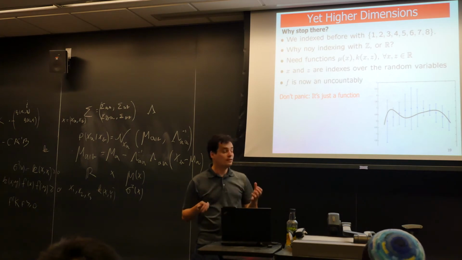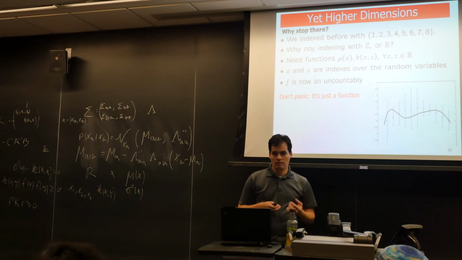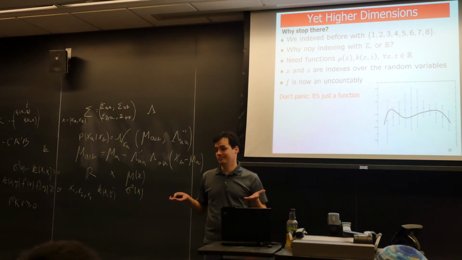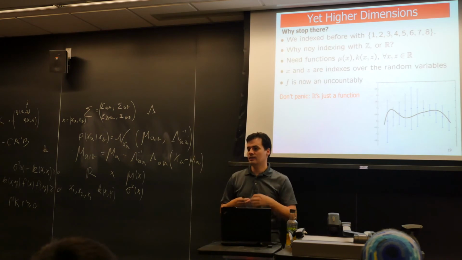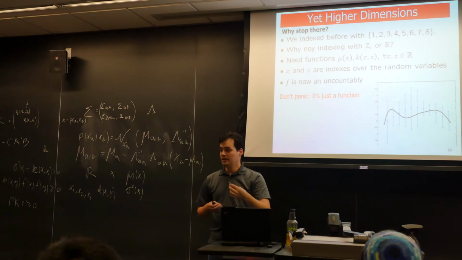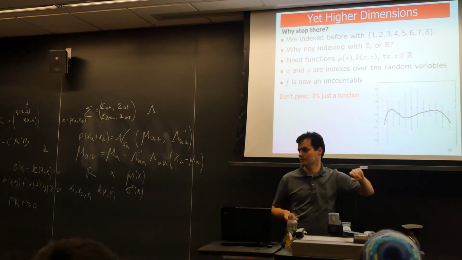Okay, so what we have now: we discussed infinite dimensional Gaussian distributions. Let's just call them processes. We discussed Gaussian processes, which have this property that, just like from a Gaussian distribution, you can sample from Gaussian processes as well. In this case, if you sample from a Gaussian process, the sample would be a function.